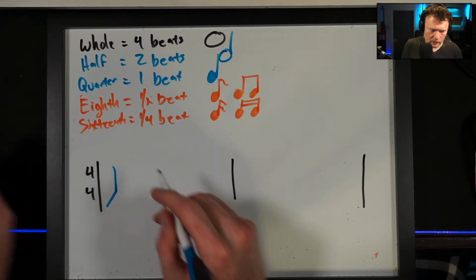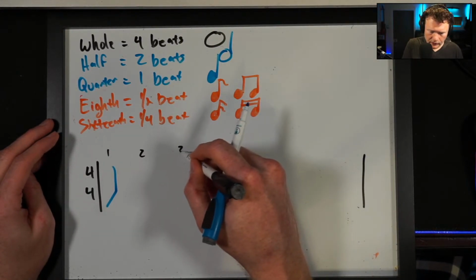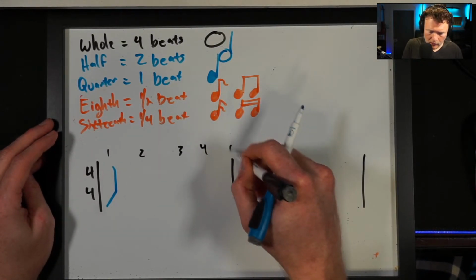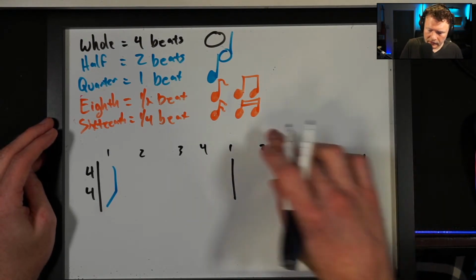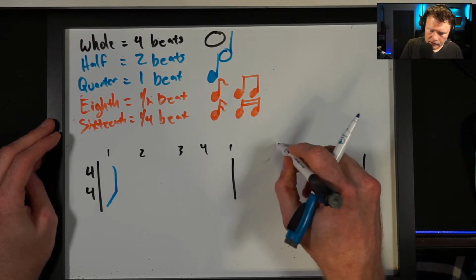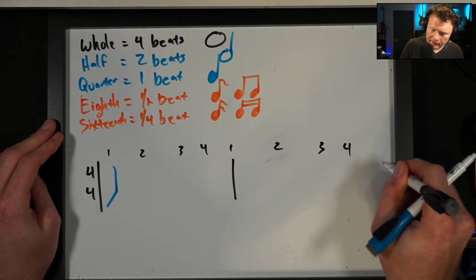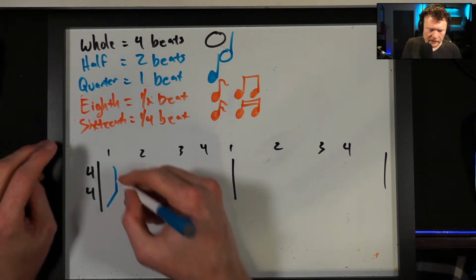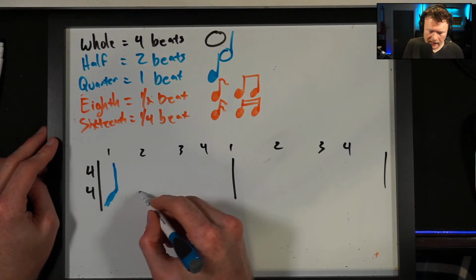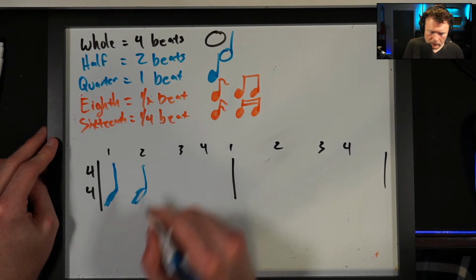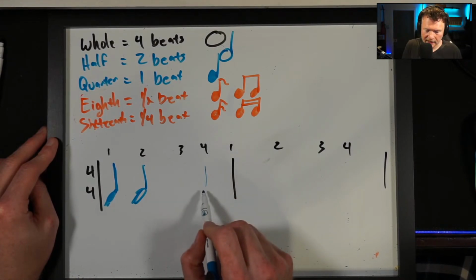Again, I'm going to write out these 1, 2, 3, 4, 1, 2, 3, 4. That's our pulse. That doesn't look perfect. Sorry. So here's our quarter note here. And then we have a half note. So this is 1, 2, 3. The next one's going to land on 4.